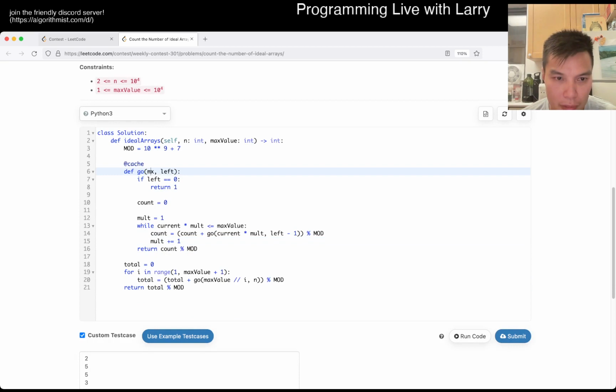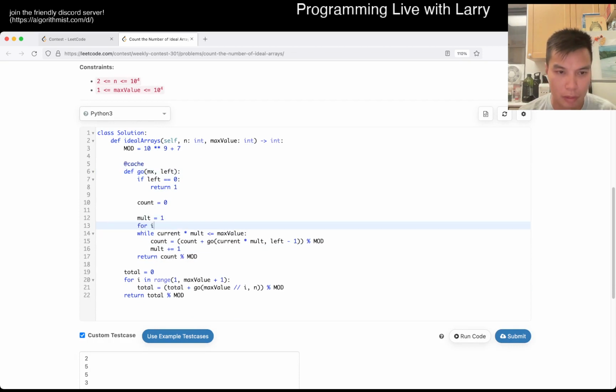Okay, now we have the max value, then we have... Am I doing this quite right? I don't know that I'm doing this right actually.